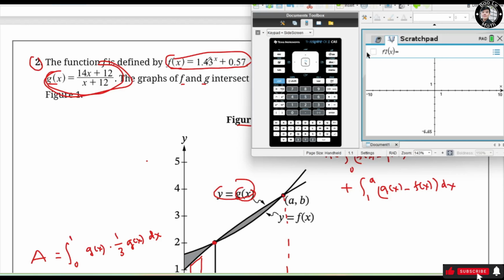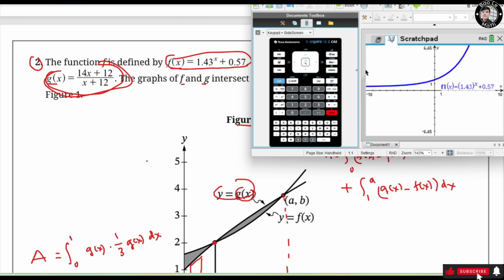I'm going to input the first function: 1.43 raised to the x plus 0.57, and then press enter. It's going to be right here. Now hit tab, input the second function, and press enter. It's going to be right here. Now we need to find the intersection.